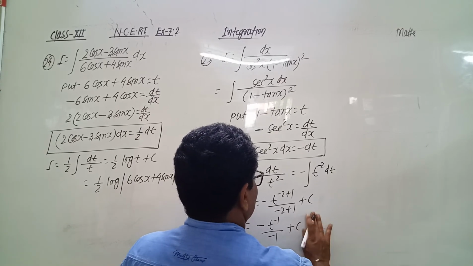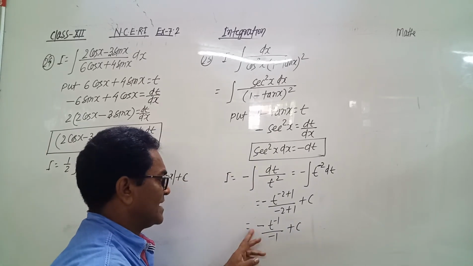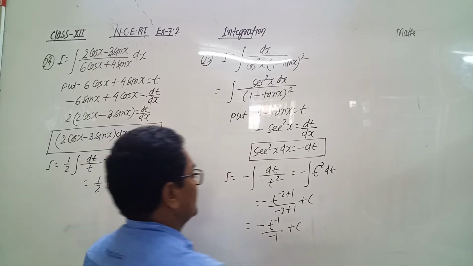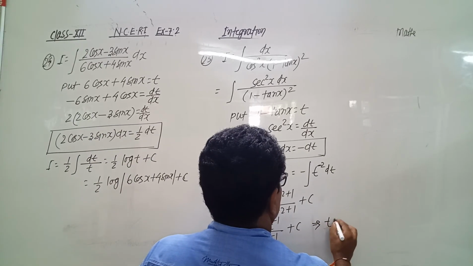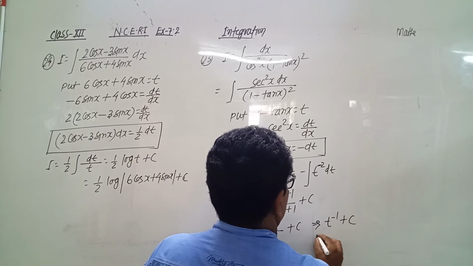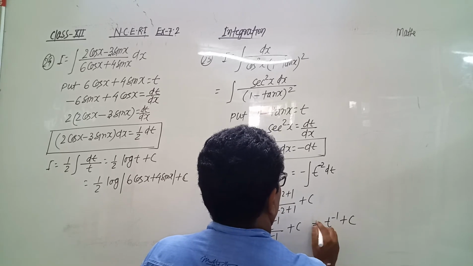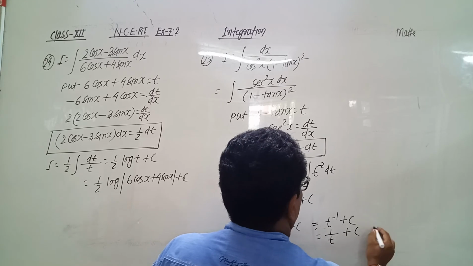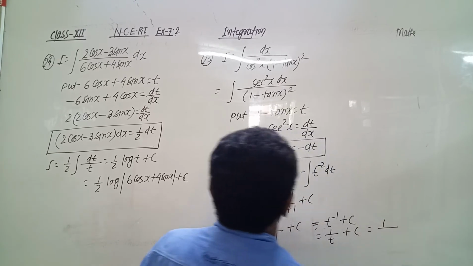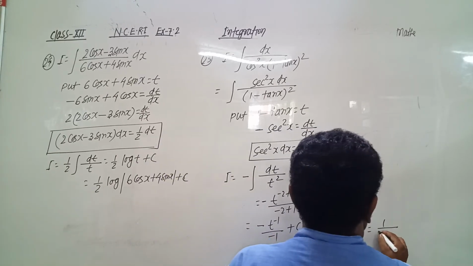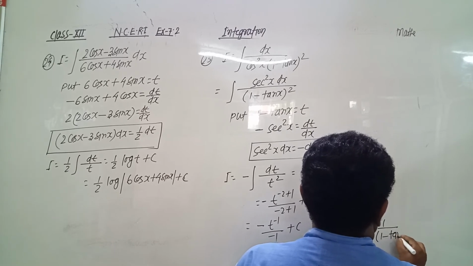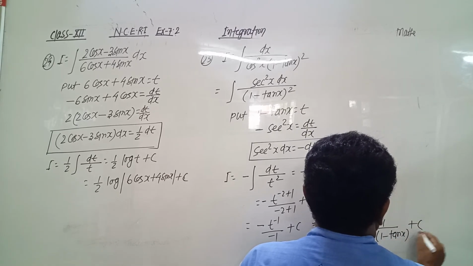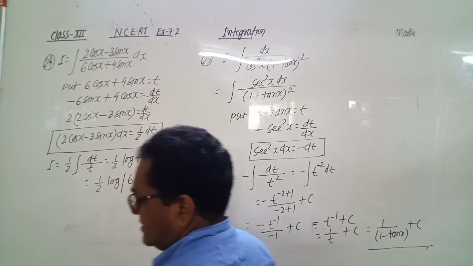Minus and minus cancel, and we get t raised to the power minus 1 plus c, which is 1 by t plus c, and the value of t is 1 minus tan x. So 1 by (1 minus tan x) plus c. This is the final result.